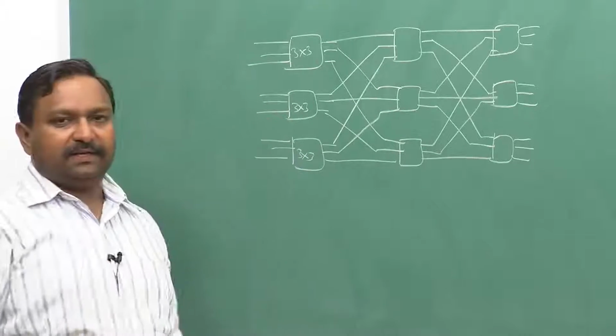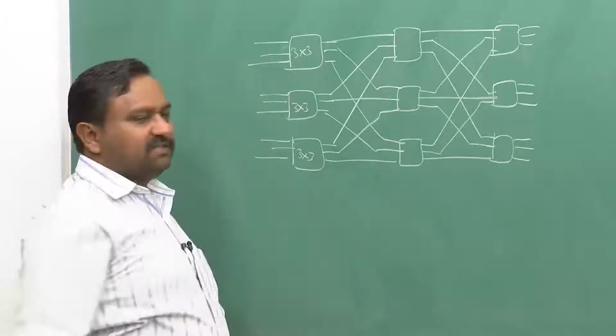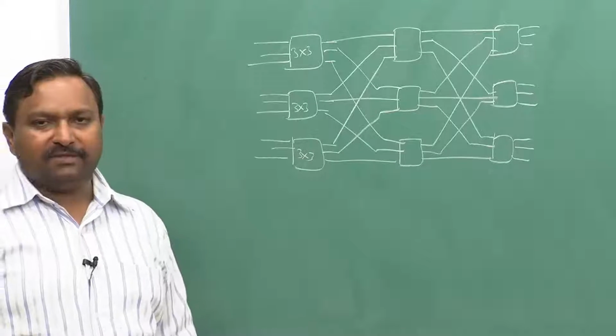So, it is a 3 by 3 multiple 3 stage switch, so 9 by 9 basically Clos.